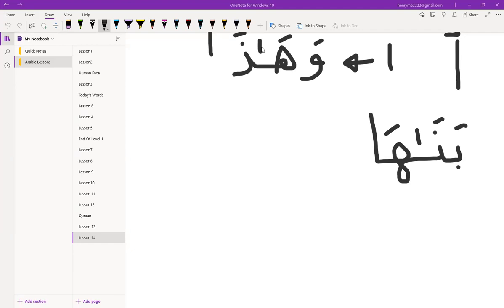The first location is between the letters, like the one you see between ha and ba, in the middle. And the second form is to come on top of letters. The two letters that it will come on top of are the ya and the wa.